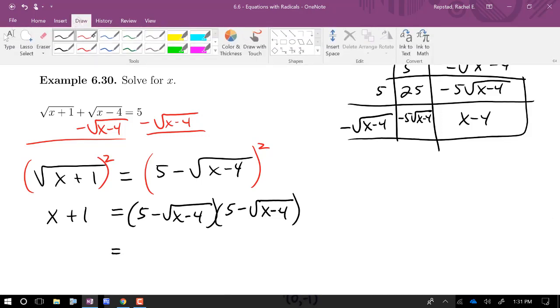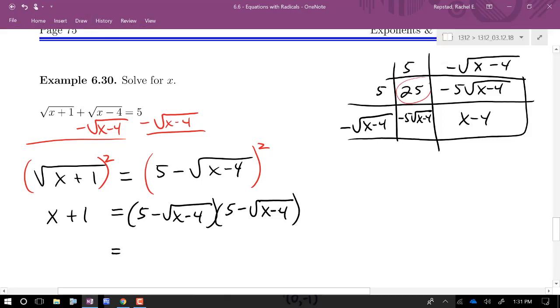So we got, let's see, 25 minus 4 is 21. And then we have this x term. So we have x plus 21. And then what about along this other diagonal?